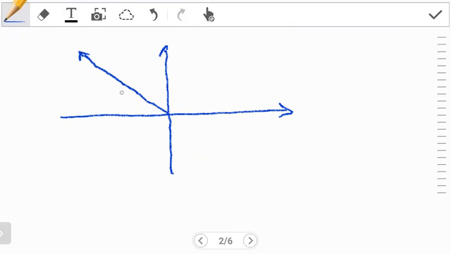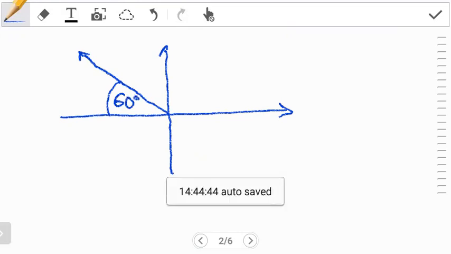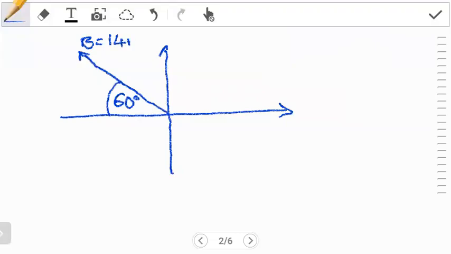But again, for simplicity, we can start with a situation where the angle we're given is this angle. Let's say this is 60 degrees. And then we're being asked to find, let's label this as B. And then we're being told that the magnitude here is 14 meters. Okay. So again, the question is, let's find the components that make up B.